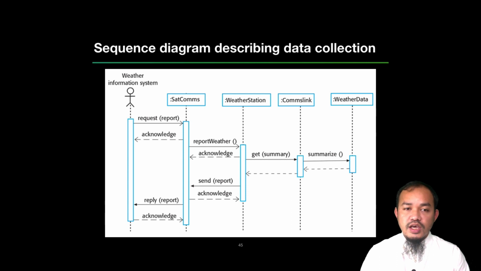People will communicate by using satellite communication to the weather station, to the communication link, as you see in the architecture design, where the communication link communicates to another subsystem. Over there is the weather data subsystem, which is inside the data collection, and then it will reply back to the user.